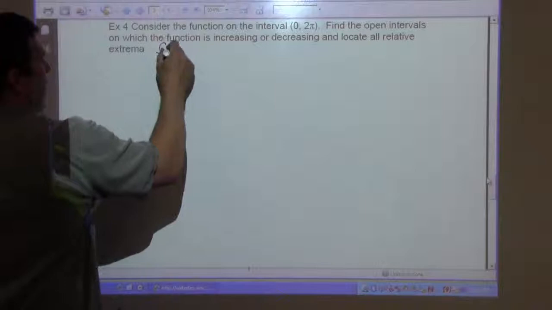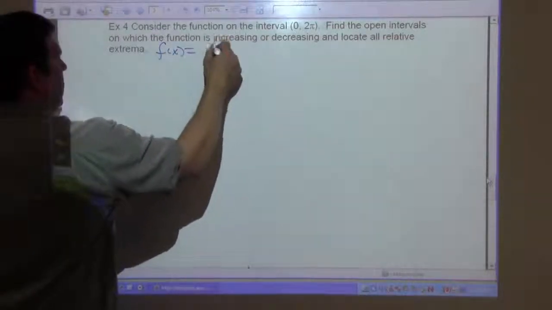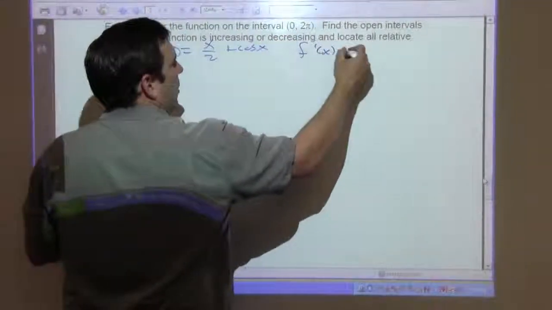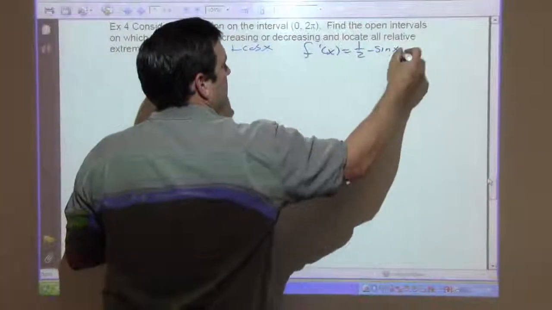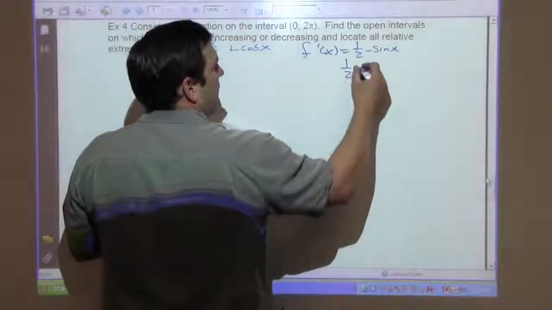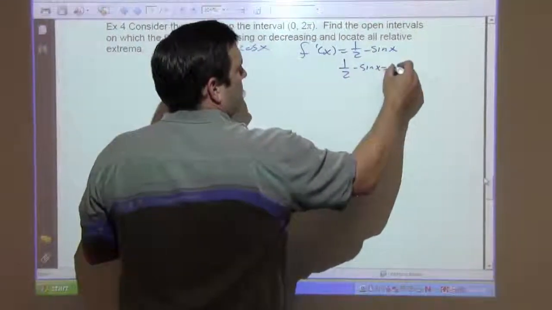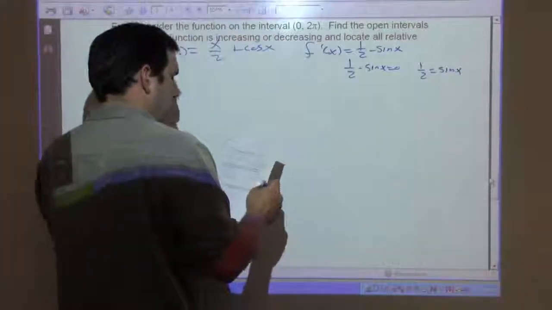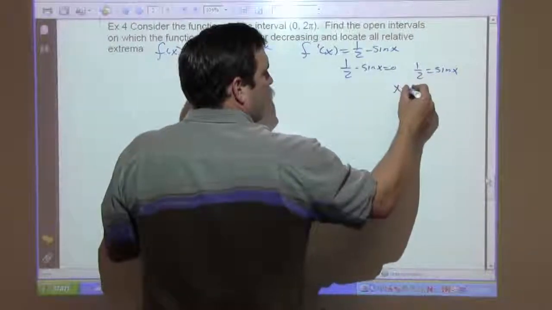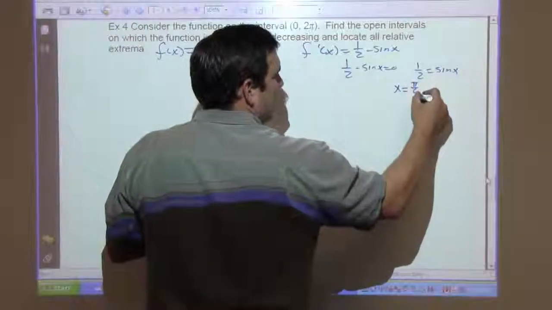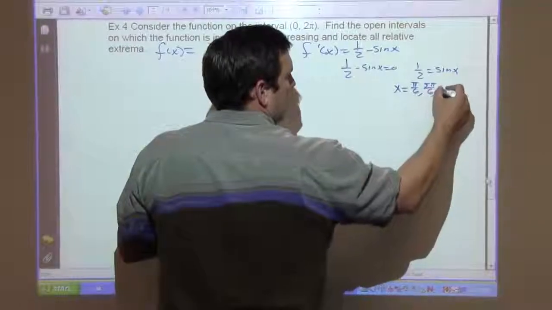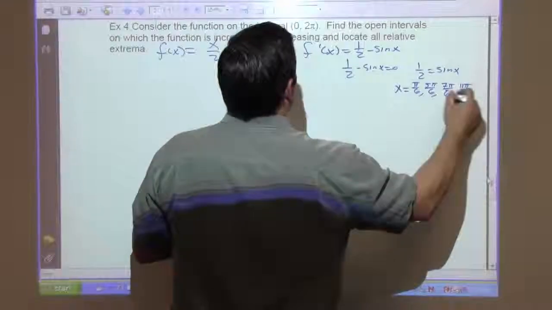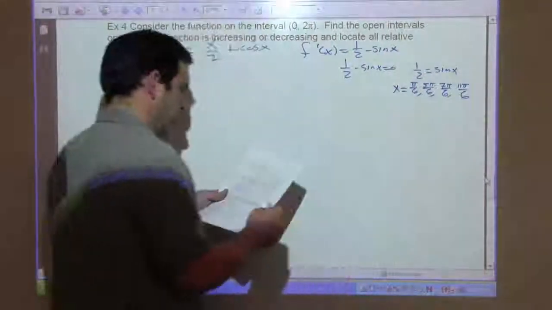Let's say f of x equals x over 2 plus cosine of x. That means f prime of x is going to be 1/2 minus sine x. So if you say 1/2 minus sine x equals 0, that means 1/2 equals sine x. That means that x would have to be pi over 6, 5 pi over 6, 7 pi over 6, 11 pi over 6, and we're doing from 0 to 2 pi, so we could stop there.